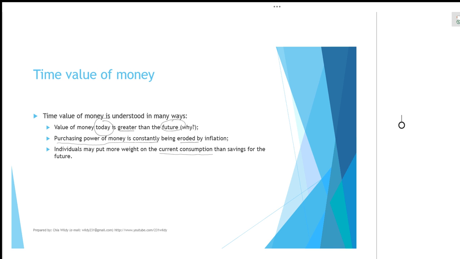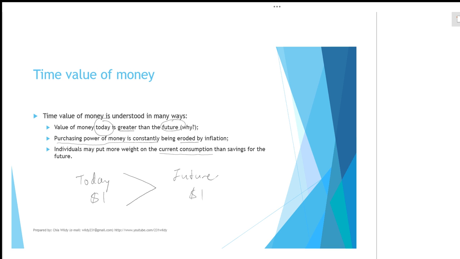So, whichever point of view you're looking at, basically it means that the value of money today is greater than the same amount of money in the future. You might be looking at the same amount of money today and in the future, but the value of money today is surely greater for the above reasons.